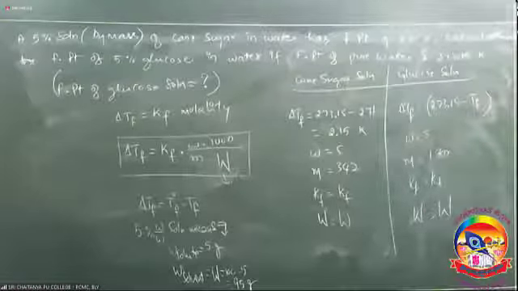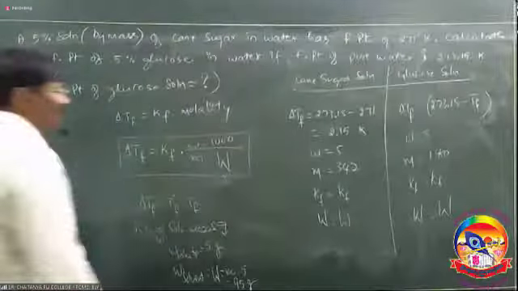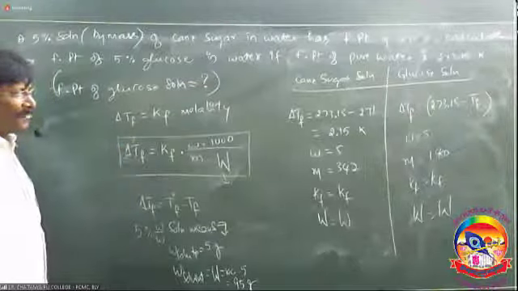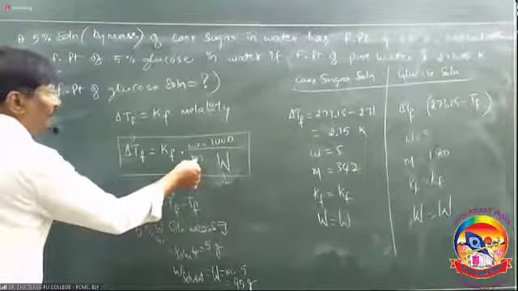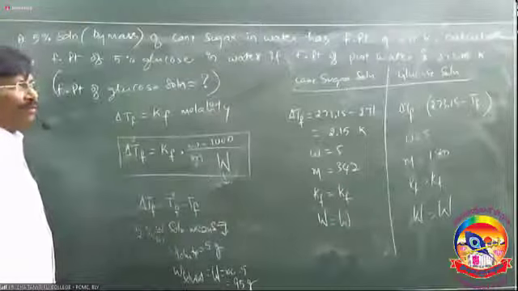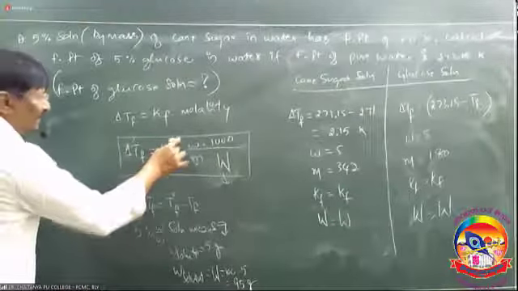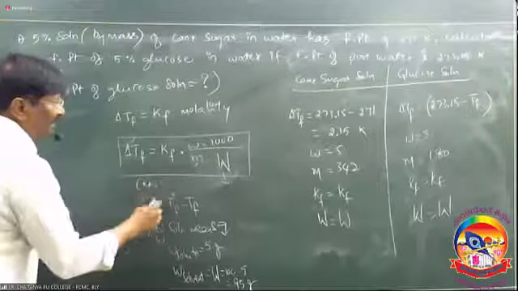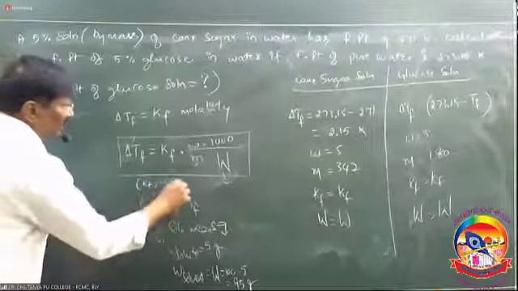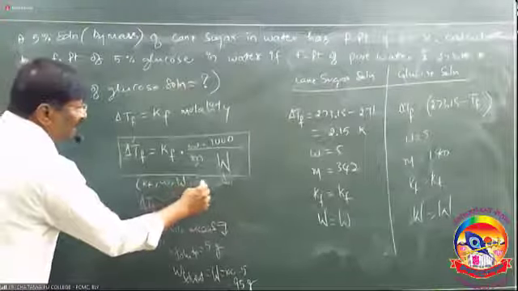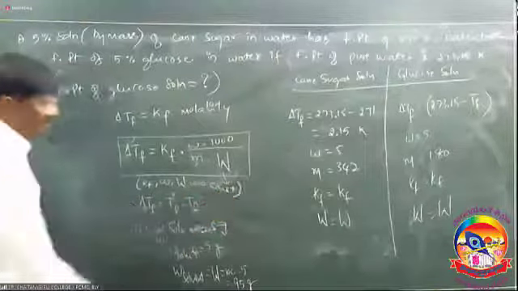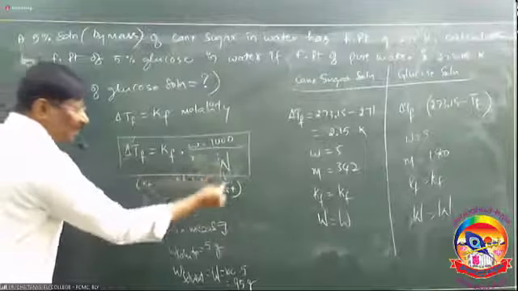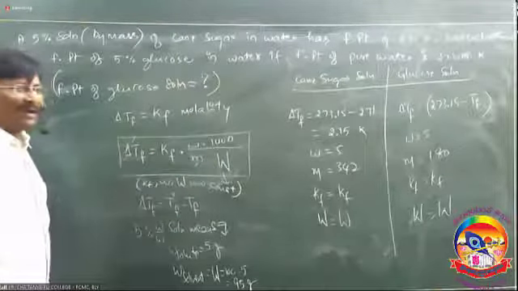So now, overall in this, what are the variables? Only delta TF and the molecular weight are variables. In this problem, KF, small w, capital W and 1000 are constant. So what are the variables?